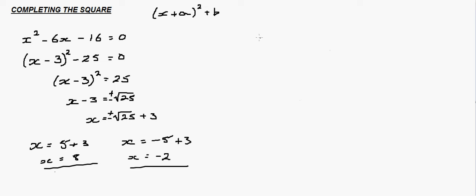Now what I'm going to do is do one that won't necessarily give you, we've got two integers here, so let's do one that has no integers. So let's say we have x squared plus 4x plus 1, and this equals 0.